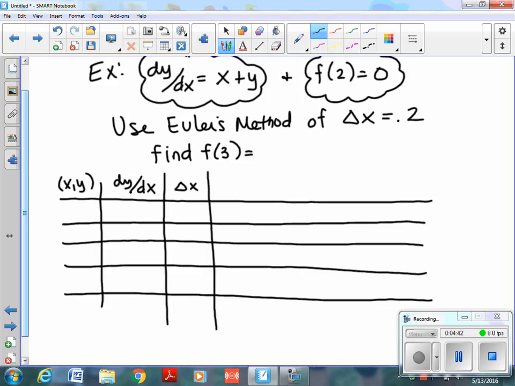This is the change in y equals dy dx times the change in x. And this is x plus the increments of x and y plus the increments of y. So you're going to make a chart like this for every problem.